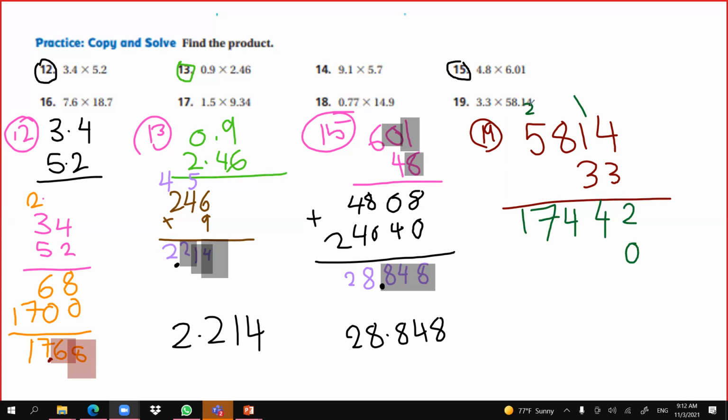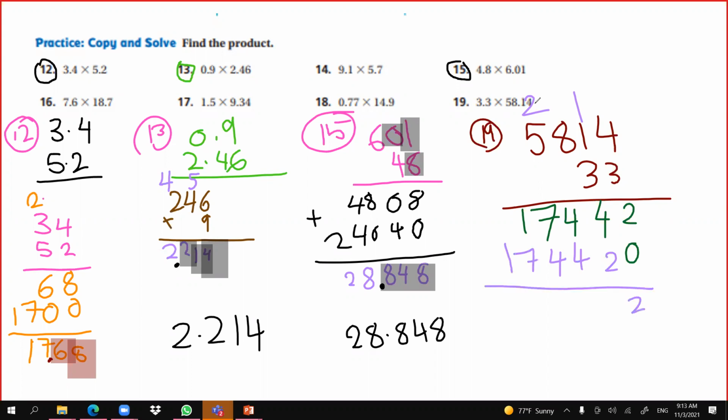Yes. 12. 3 times 1, 3, plus 1, 4. 3 times 8, 24. 3 times 5, 15 plus 2, 17.